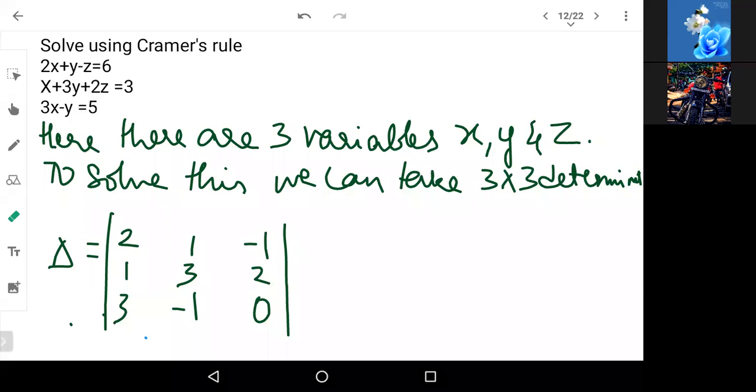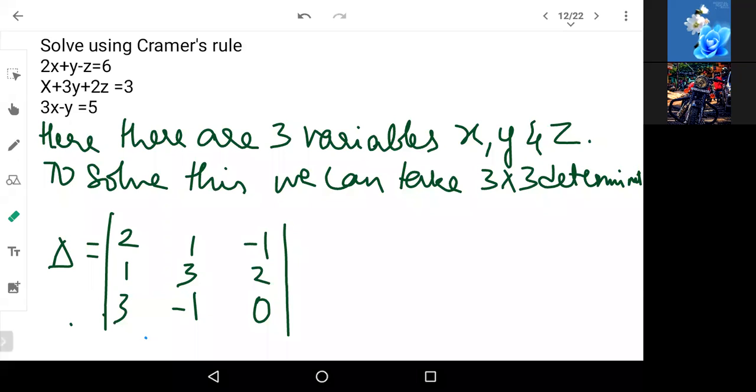Okay, that is the sign position. What is the method? Sign position is correct. Find the minor. Very good. You have to find the minor method. Yes, good. So let us start solving using the minor.